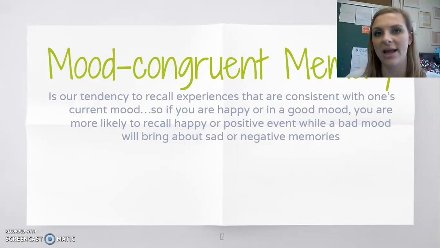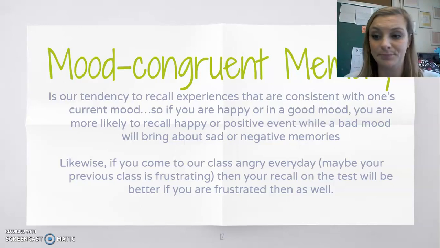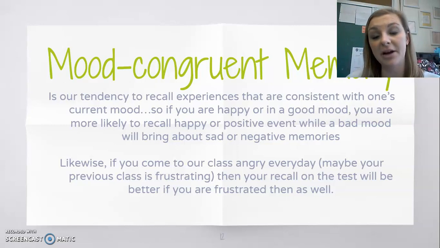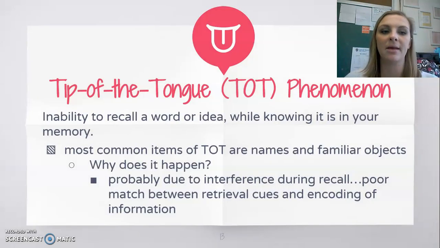It's also why when things are going really bad for you, all you can think of is all of the other times that things went bad. Okay, so if you come to your class angry every single day, maybe the previous class is really frustrating, then your recall is going to be better on a test if you're frustrated. So you're going to do better when you're in the same mood every single day, okay?